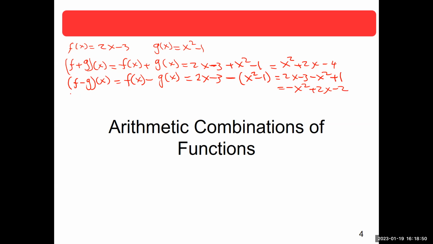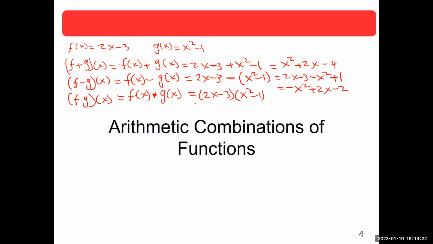Let's do multiplication. fg as a function of x, that means f of x multiplied by g of x. We put this now: 2x minus 3 multiplied by x squared minus 1.